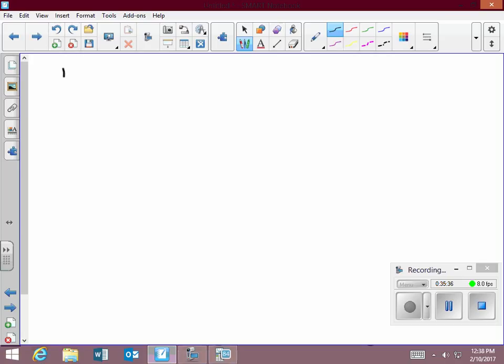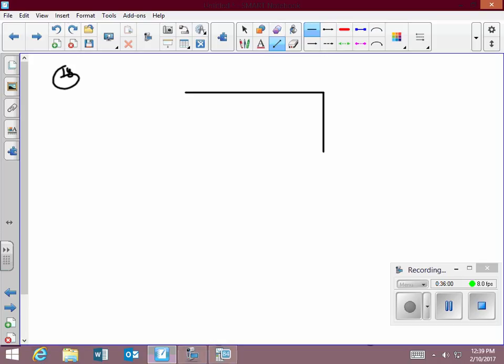18. It says the width of a rectangle is 18 inches less than its length. If the area of the rectangle is 1,440 inches squared, find the dimensions of the rectangle. So it says the width is 18 inches less than the length.